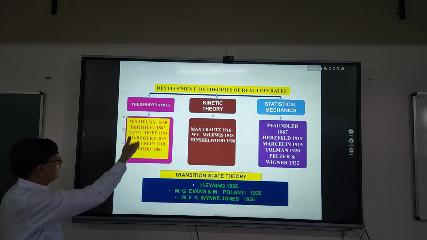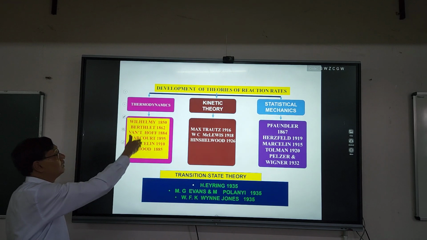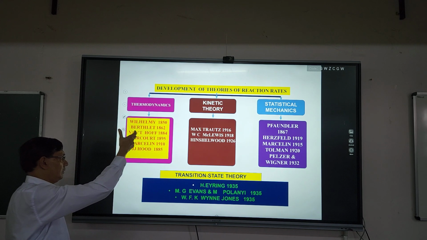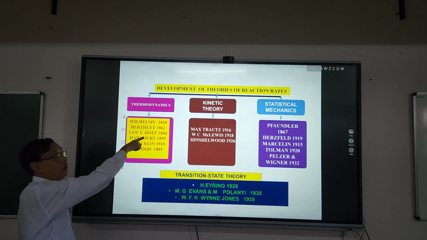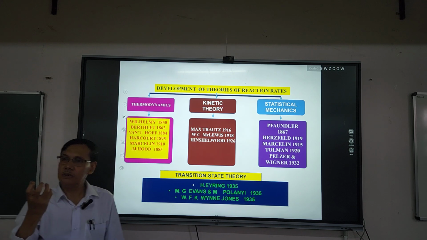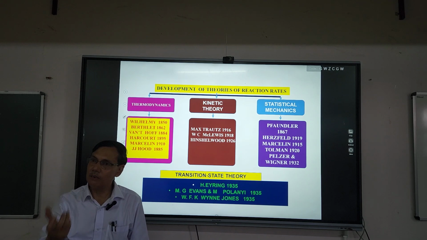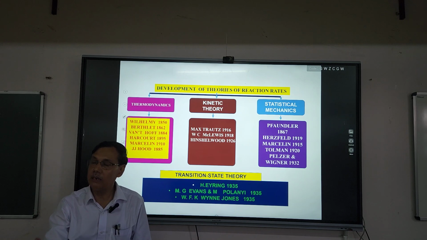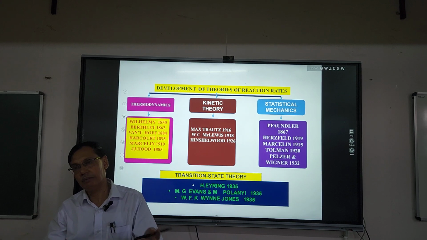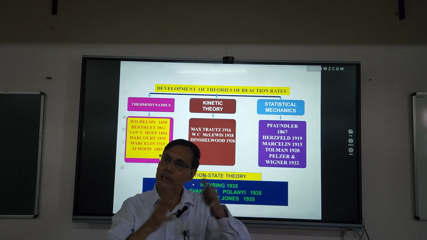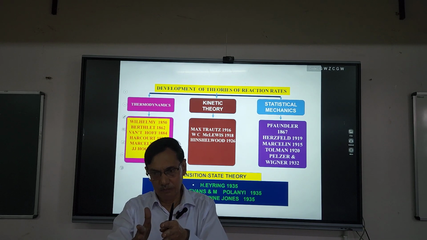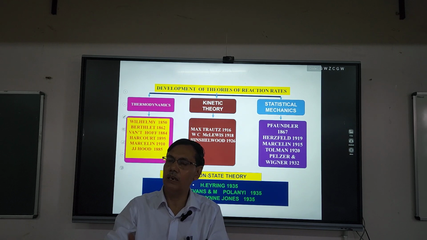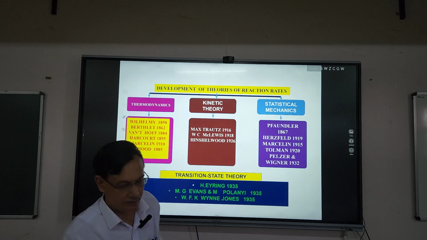Even in this simple Arrhenius theory there were a lot of scientists, and the most important contribution is from Van 't Hoff, because the Arrhenius theory was determined with the help of the Van 't Hoff equation, that is, the temperature dependence of the equilibrium constant. And the equilibrium constant is composed of rate constants. So the Van 't Hoff equation can be split into two equations.